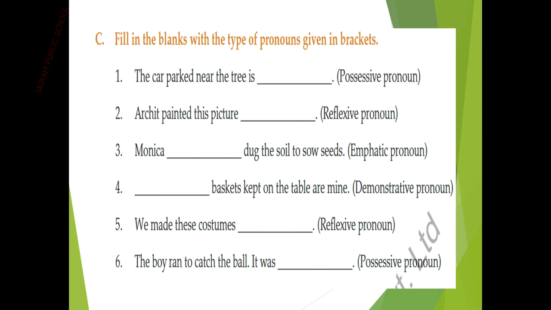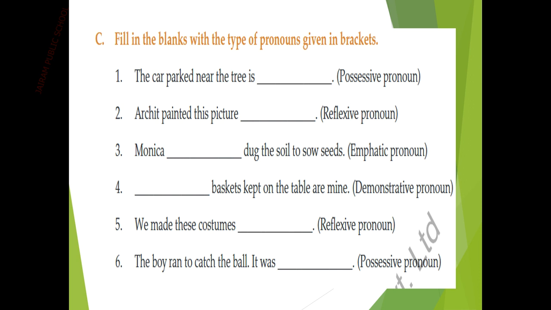3. Monica dug the soil to sow seeds. You should use the suitable emphatic pronoun, which is also called reflexive. Can you find out the answer for the third one? So, Monica is a girl. So, instead of her, you should use herself. Monica herself dug the soil to sow seeds. 4.